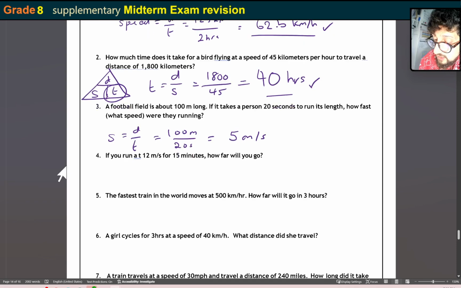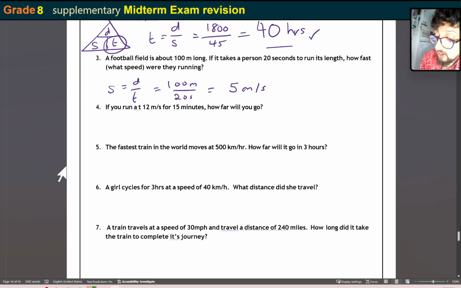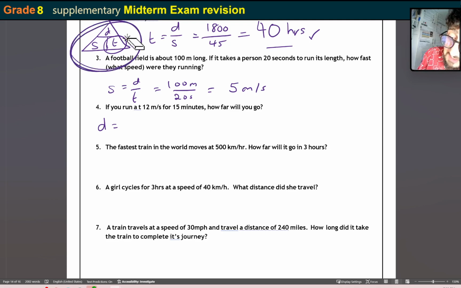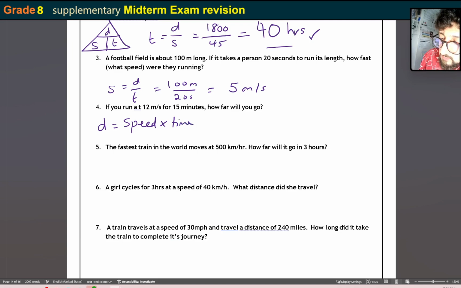If you run at 12 meters per second for 15 minutes, how far will you go? So we're looking for distance this time. So distance is equal to, look at the triangle, speed times time. Okay? The only thing is I have to be careful here because this is in meters per second and this is in minutes. So they have to be the same. So I'm going to change the minutes into seconds.